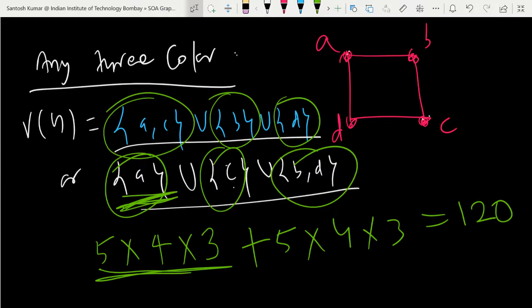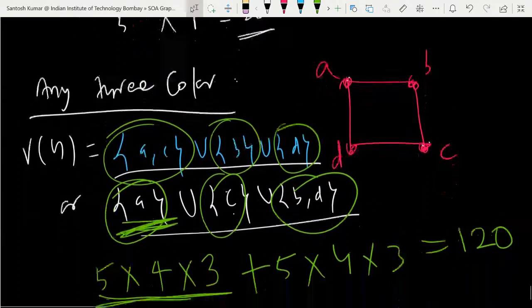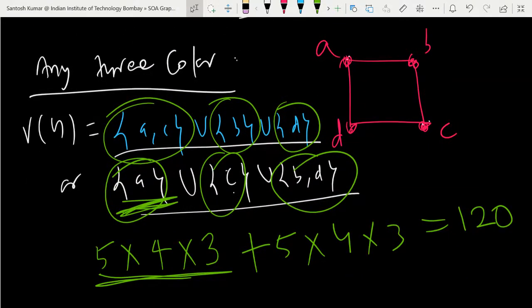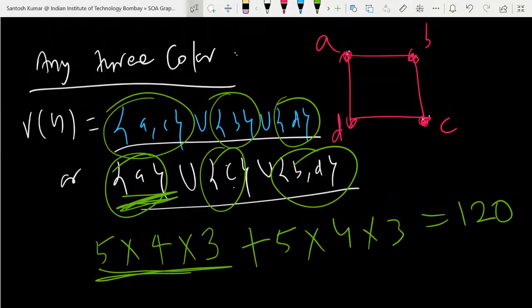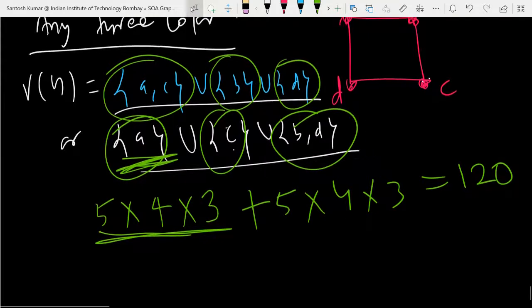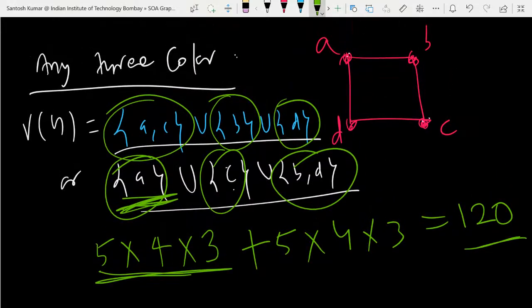In an exam, if they ask you the number of proper colorings of C4 using K colors, you have the easier way, which I will do later; it takes just 10-15 seconds. This is the process, so you will understand how we use it. So I can produce 120 different proper colorings using 3 colors out of 5.